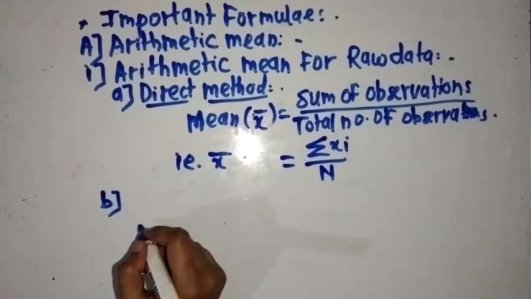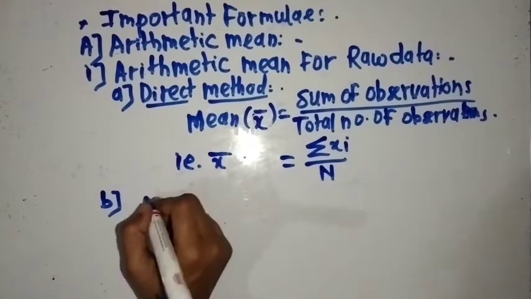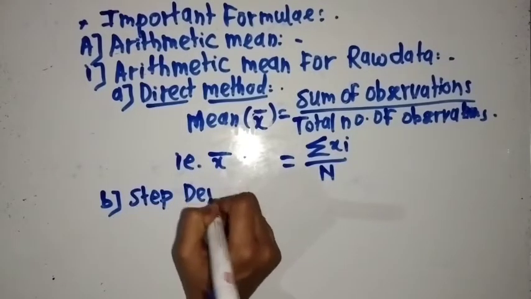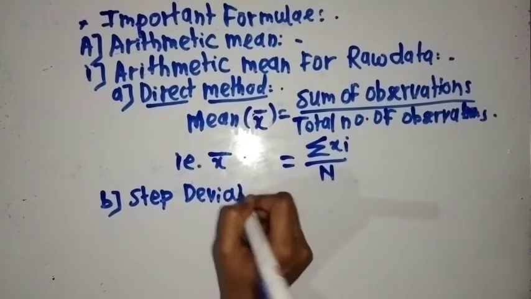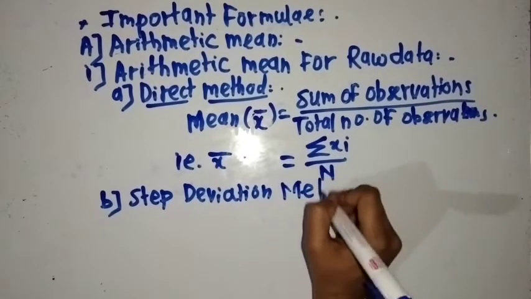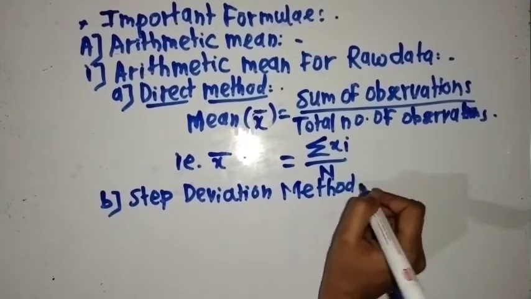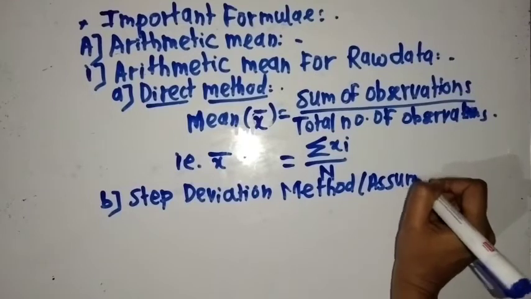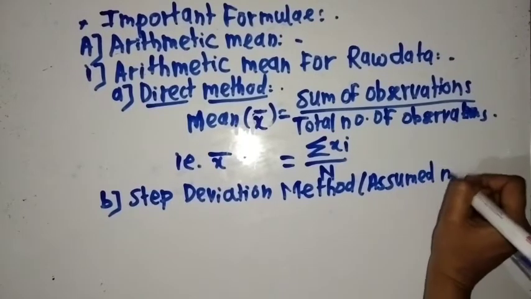and second method is step deviation method or assumed mean method.